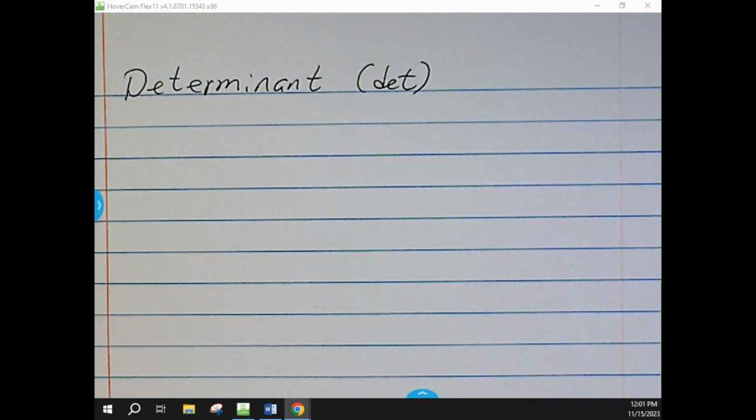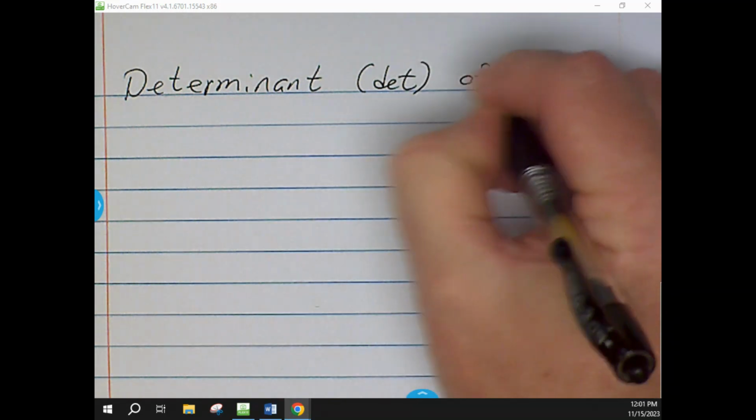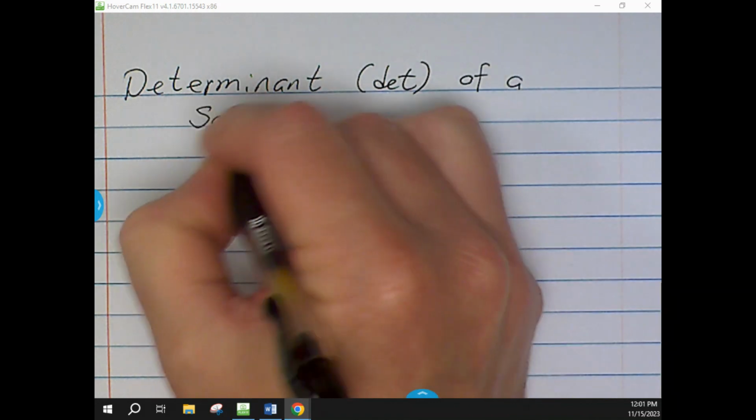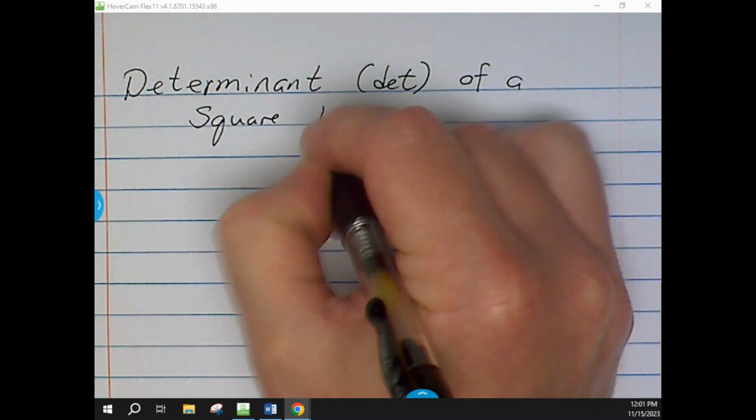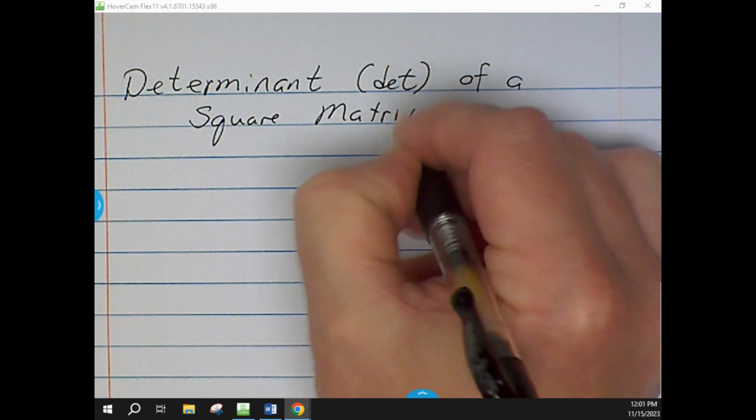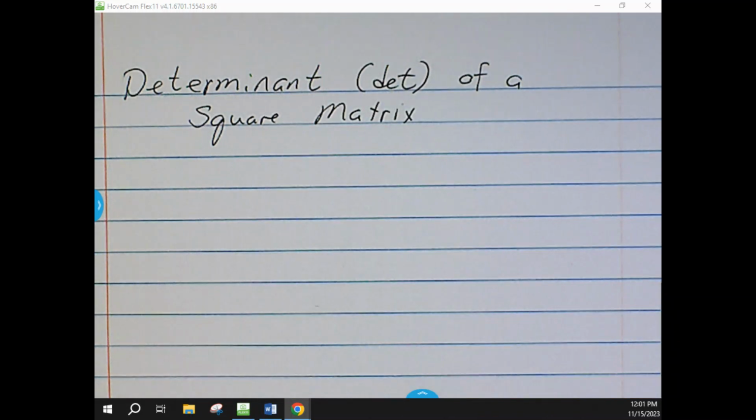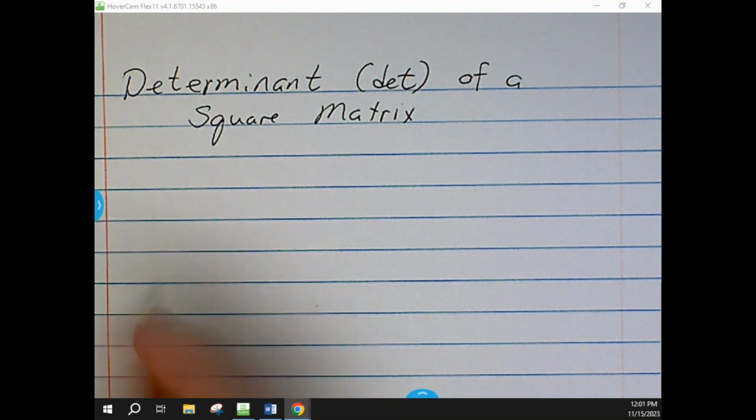So for determinant, they're just going to say short. We're just going to call it DET. Okay, and for determinant, we're going to take you back to your probably middle school days, 6th, 7th grade.